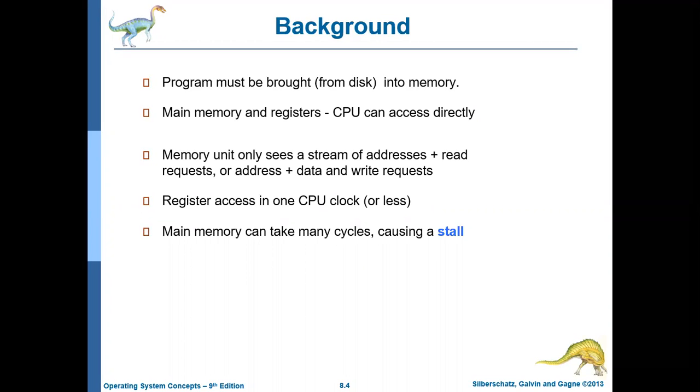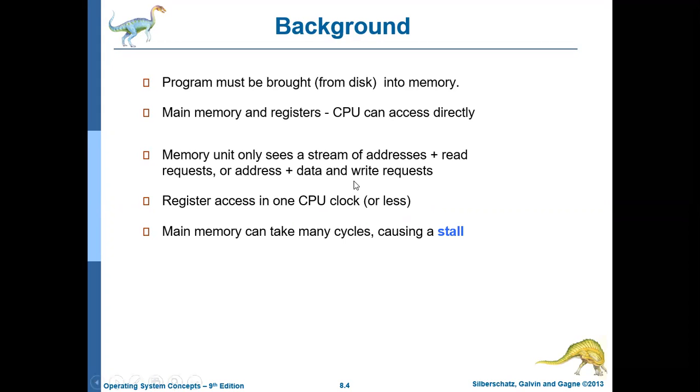So if the CPU wants to perform some operation on the data stored in the registers, it can do that at a very fast speed, at the rate of more than one operation in a single CPU clock cycle.